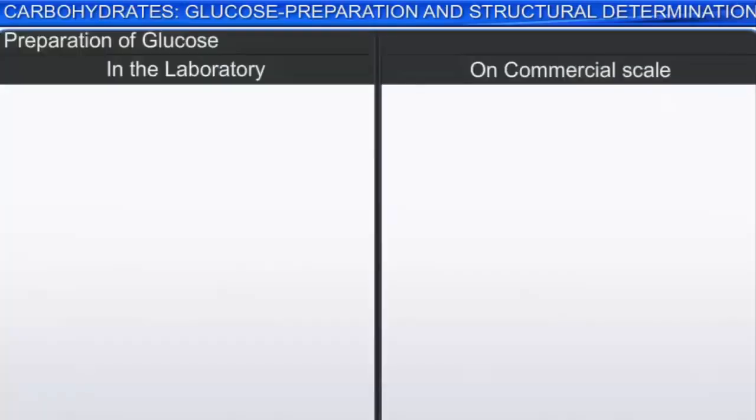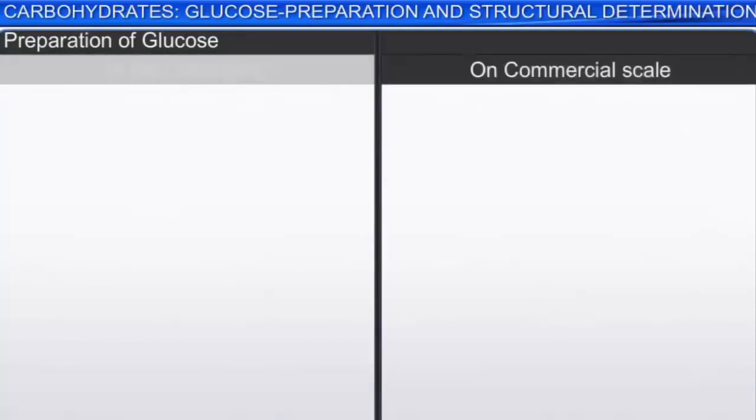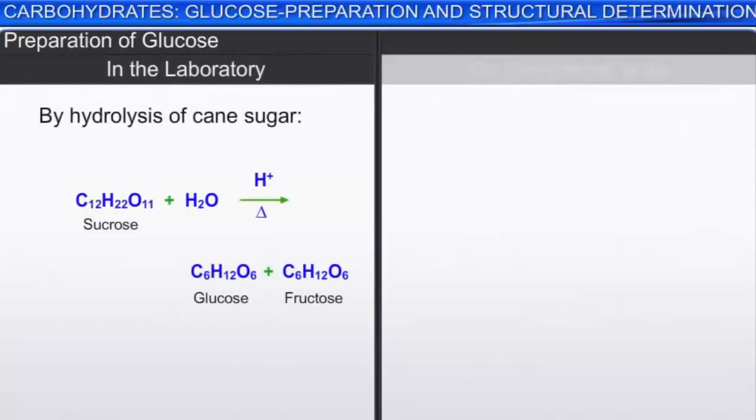Let's now see how glucose can be prepared in the laboratory and on a commercial scale. In the laboratory, glucose can be prepared by the hydrolysis of cane sugar. An alcoholic solution of cane sugar or sucrose, on boiling with dilute hydrochloric acid or sulfuric acid, produces equal amounts of glucose and fructose.